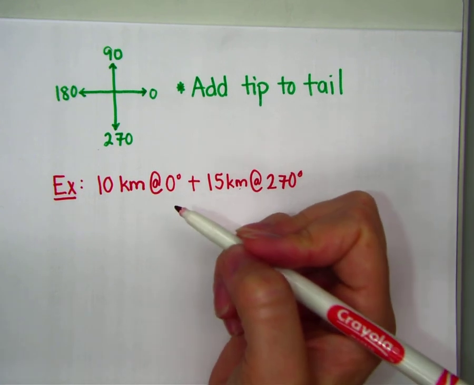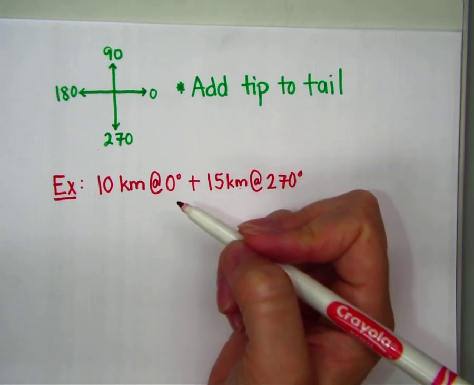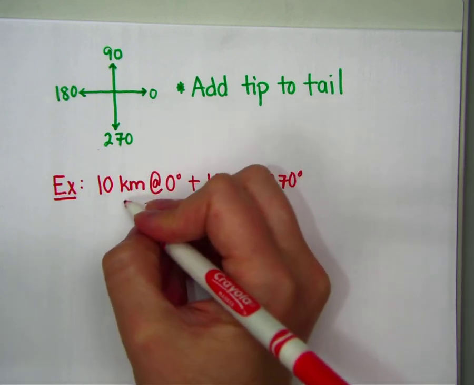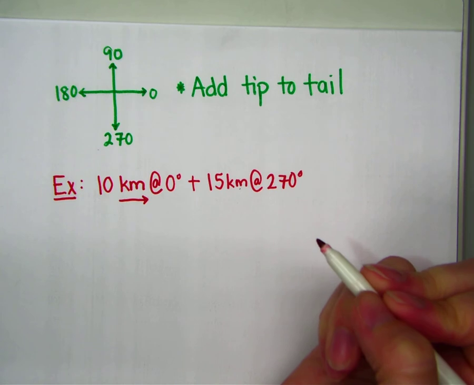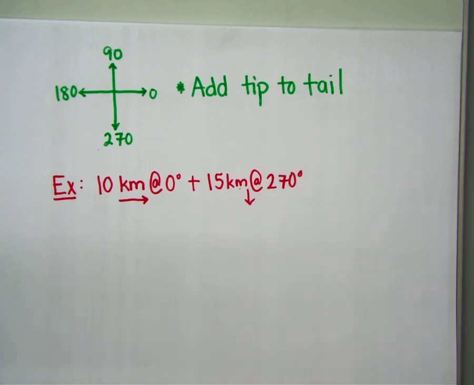So the first thing I like to do is determine what direction this is actually going in. Well, I know 0 degrees, by looking at my unit circle, is to the right. And then 270 is down, okay? That just helps me remember what I'm going to be drawing.